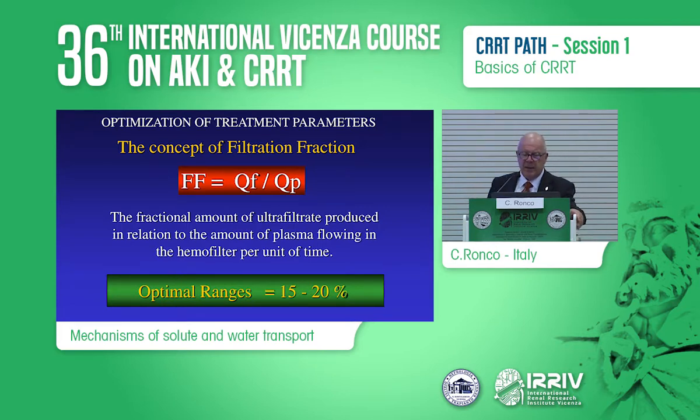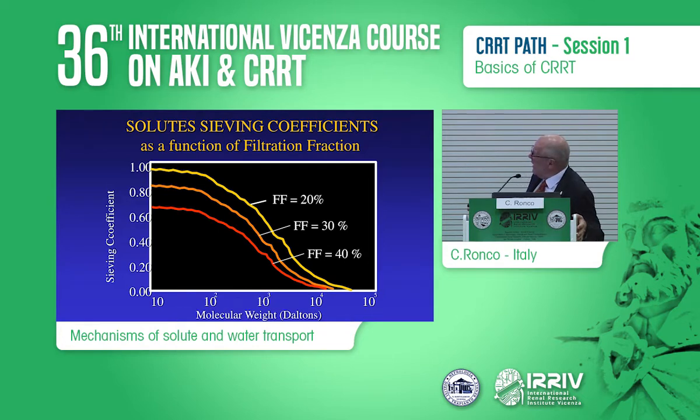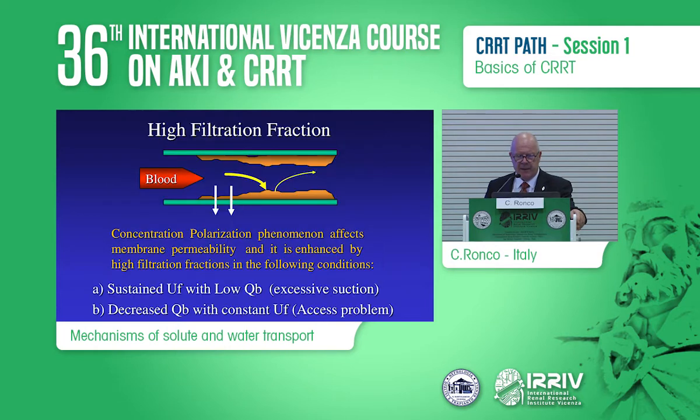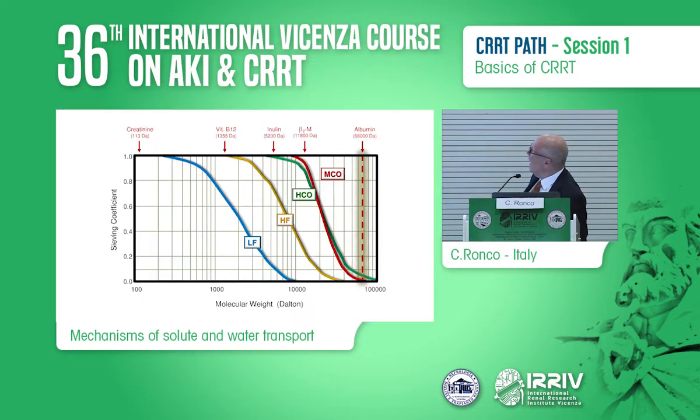And at that point, as you can see here, when you increase filtration fraction, your sieving coefficient can be strongly affected, because the membrane is not just the membrane itself, but the membrane plus a kind of cake of proteins at the blood membrane interface. It is, of course, a dynamic equilibrium that you can achieve, but this is the level of protein deposition that you can get when you have high filtration fraction.